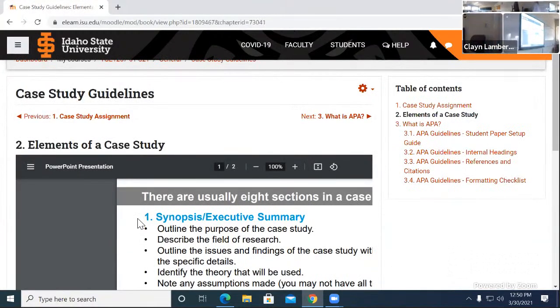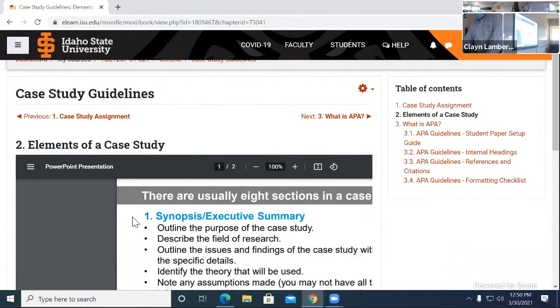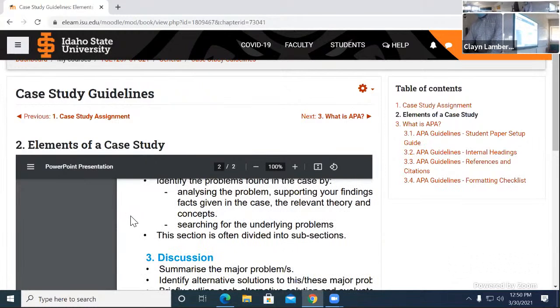So guess what I should see when I start this section right here? I'll put in synopsis, or I'll put in executive summary, because that's what that section is. When I scroll down to findings, you'll see how it said findings up there, and then this bullet point right here. This section is often divided into subsections. Why is that the case?